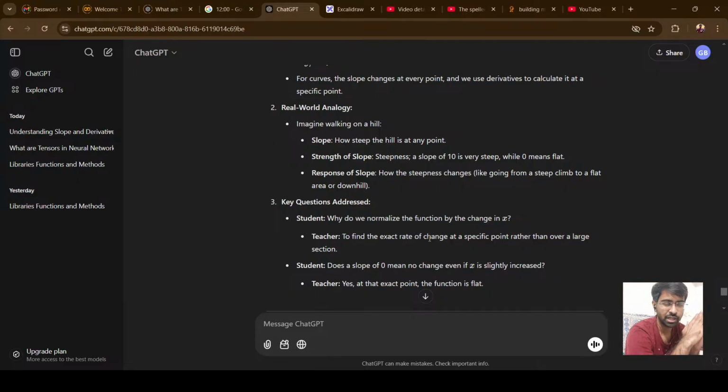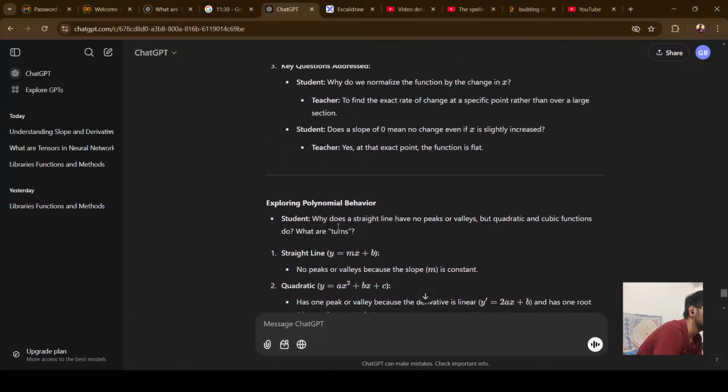We don't want that in 5 meters the change was about 10-meter height. We actually want what is the change after 1 meter. That's why we are dividing that.